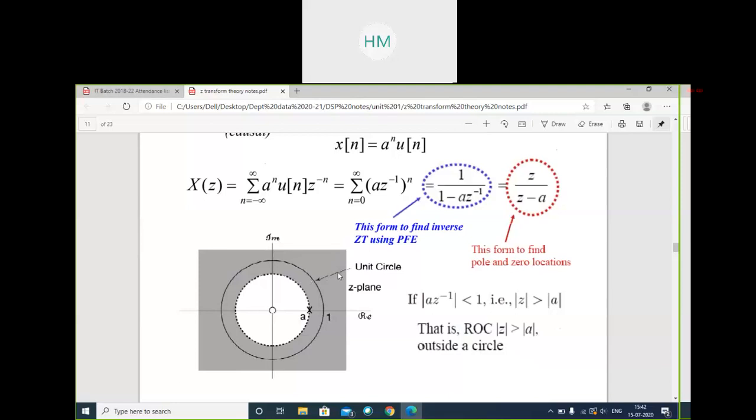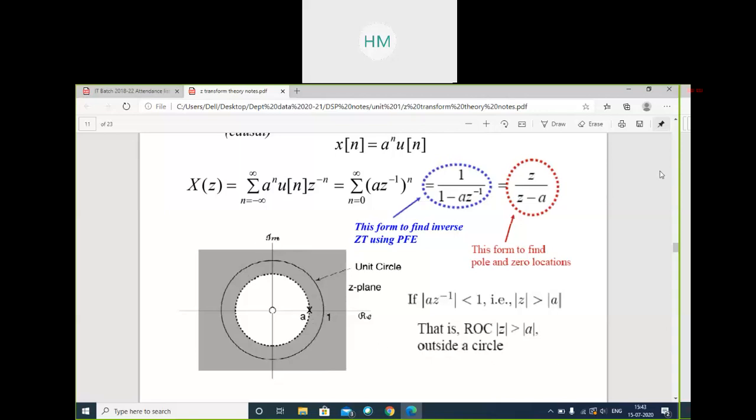When we talk about right-handed and left-handed sequences and map the S plane to the Z plane, the S plane could be right-handed or left-handed. If the S plane exists on the left side, the ROC in the Z plane will be inside the unit circle. And if the S plane is on the right hand side, the ROC will be exterior to the unit circle.